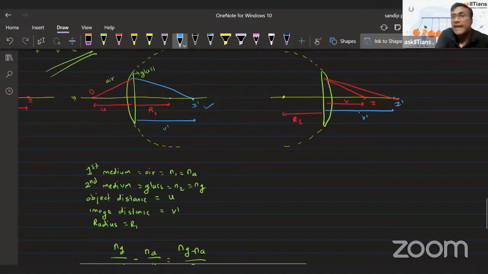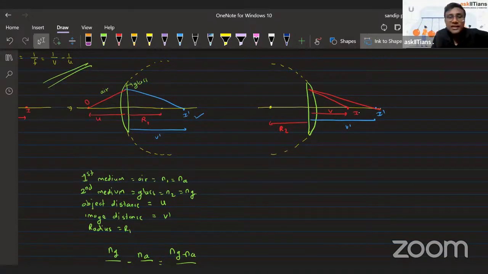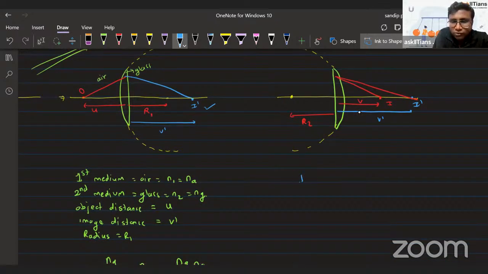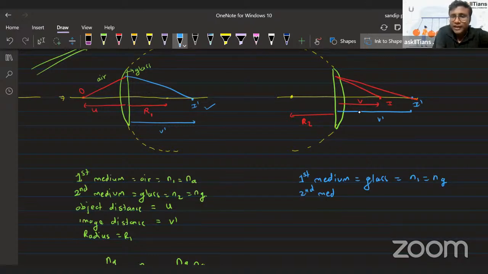Now what happens in the second part? Now remember, in the second part, the medium got exchanged, right? So in this case, the first medium is lens or glass, we can say. So N1 is your Ng in this case. Second medium is your air.